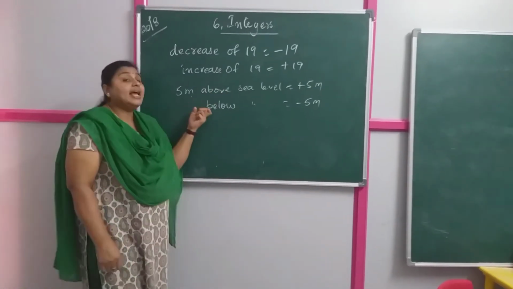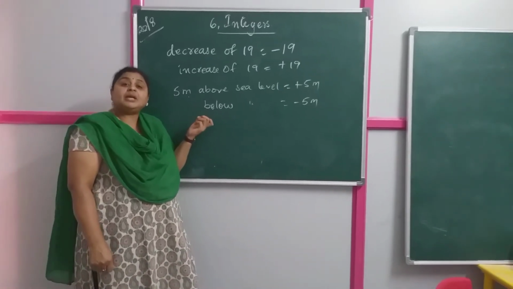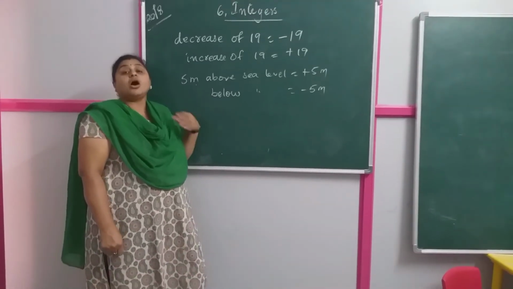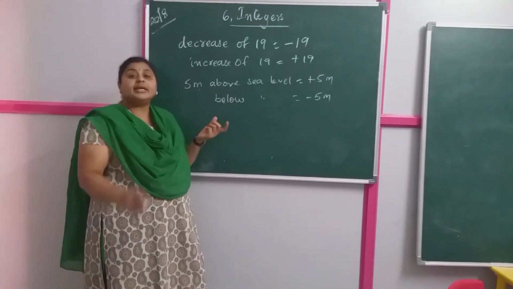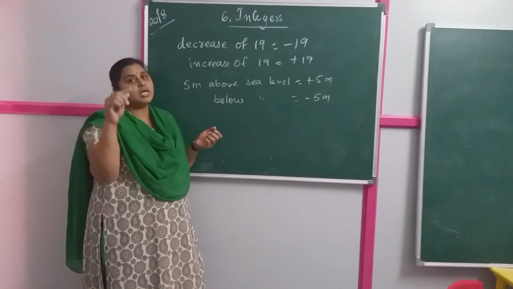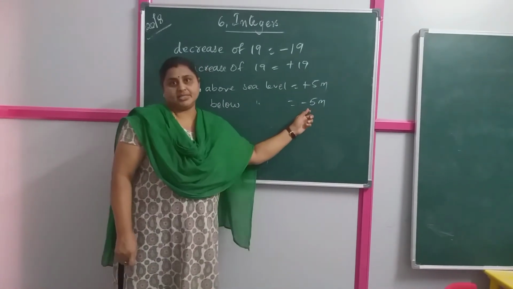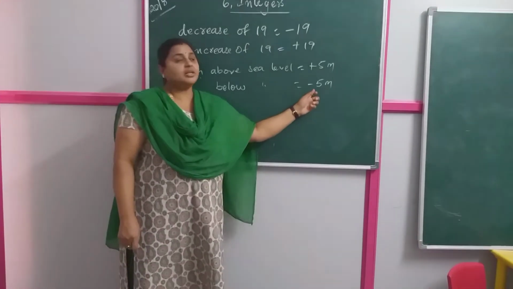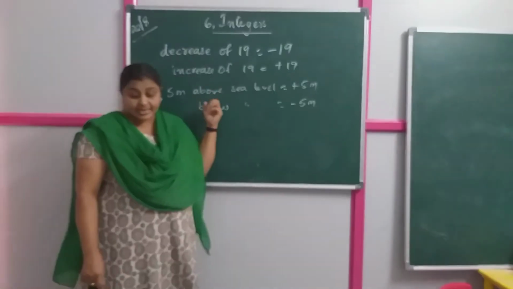Now if I say a gain of rupees 15, that means plus 15. Loss of rupees 15 means minus 15. Gain plus, loss minus, above plus, below minus. Got it, children? This is how you write the integers using the sentences given.